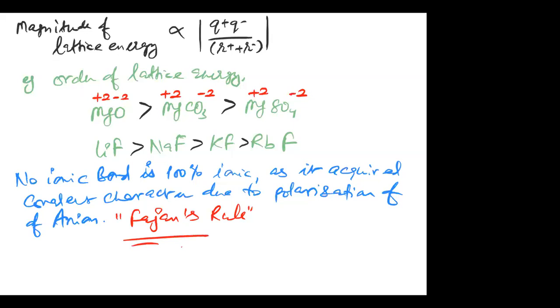For example, if you see the structure of NaCl, here it may be Na plus, and you can simply imagine this may be the chloride ion. It is a perfectly ionic compound.